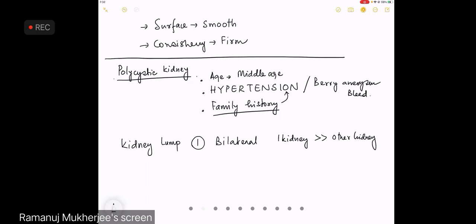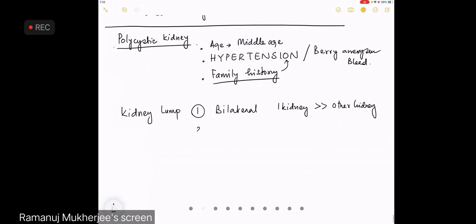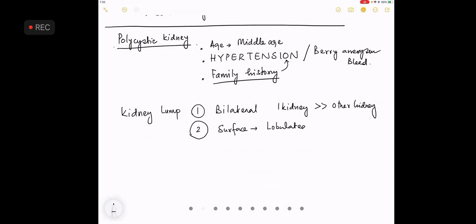It usually never happens. Point number two is the surface of the kidney has a lobulated appearance, which was not seen in the other two. That means the kidney looks like this. Okay, the lobulations are because of the fluid filled cysts in the cortex.